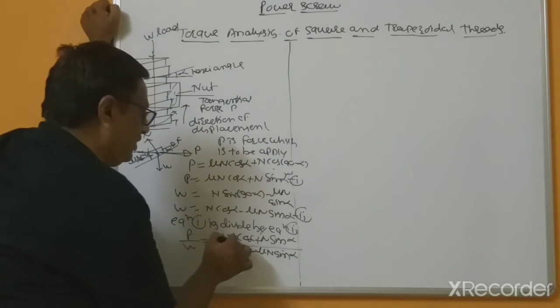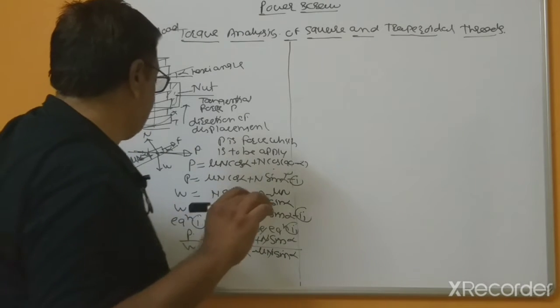Here N is a common term, so it will get cancelled. So what is remaining?